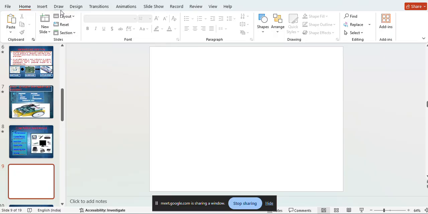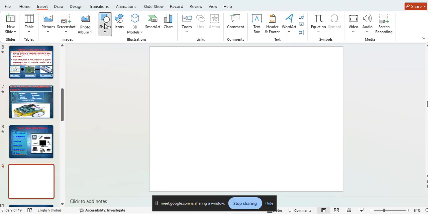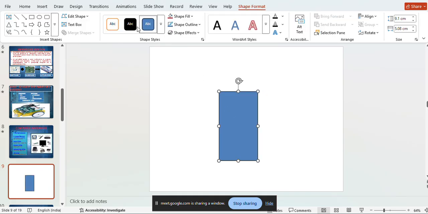Now I will draw the system. Just tell me what are all the inputs and outputs. I am taking an example of a system, nothing but a computer.